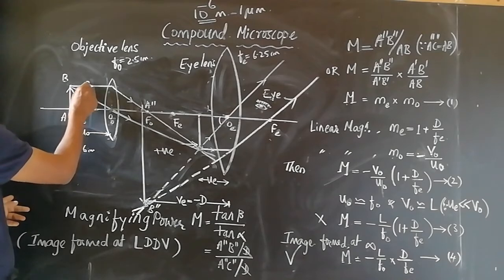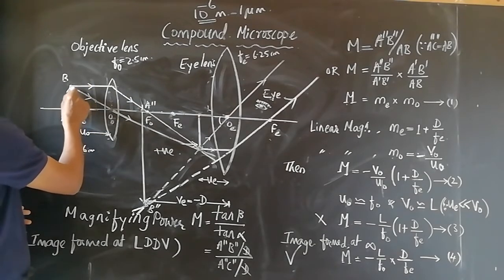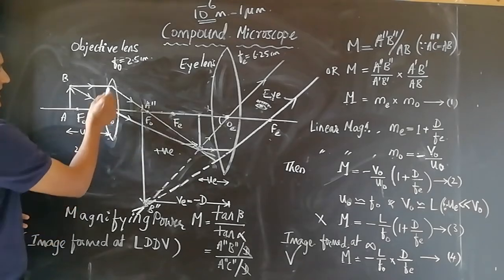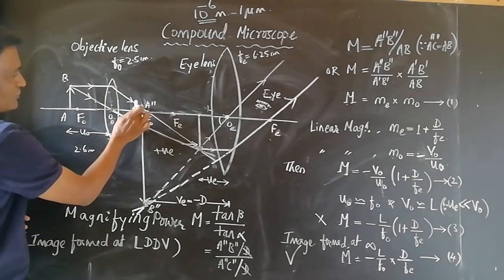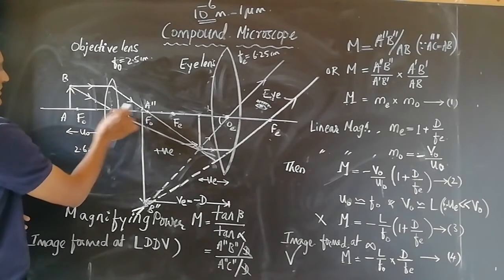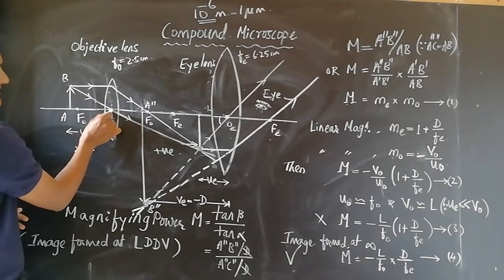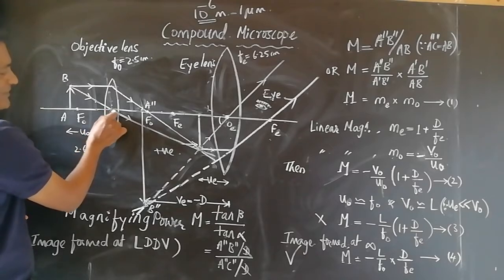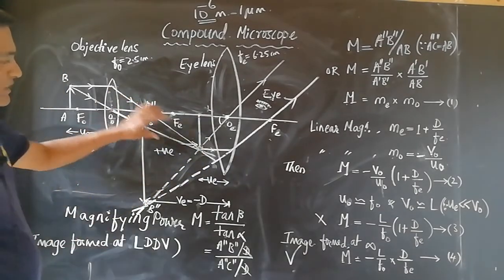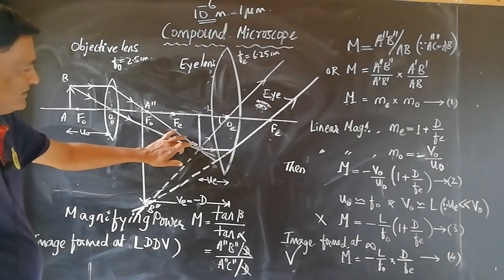For that, we consider a set of rays from the object. A ray of light parallel to the principal axis, after refraction, passes through the principal focus of the objective. A ray directed towards the optic center of the objective travels undeviated. Both the refracted rays are converging.